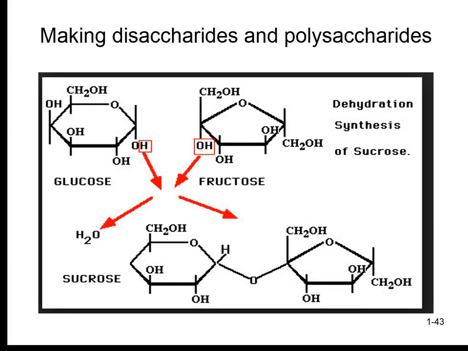That is making disaccharides and polysaccharides. The way we are making this disaccharide is the same way that we will make a polysaccharide, because it will continue this side all the way and make a polymer. In this case, this is a monomer.